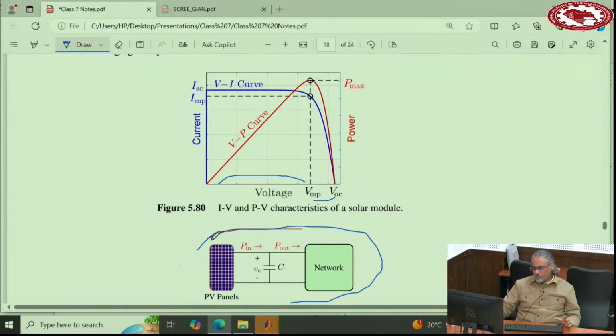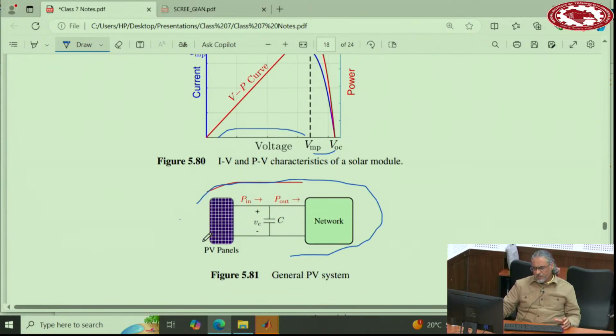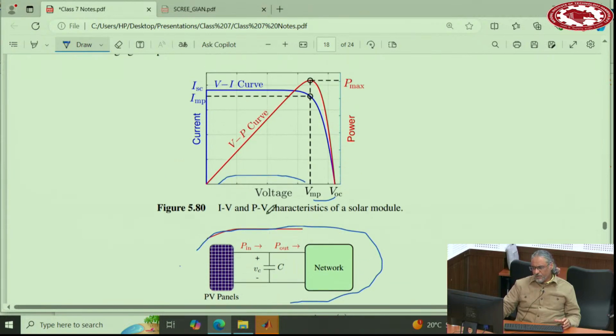Why is it so? It's not difficult to see why it is so. Because, for instance, let's say you are operating at some point here on the right side. Okay? Now, let's say a disturbance happens here in the network, let's say a load switches in the network, and more power is needed.